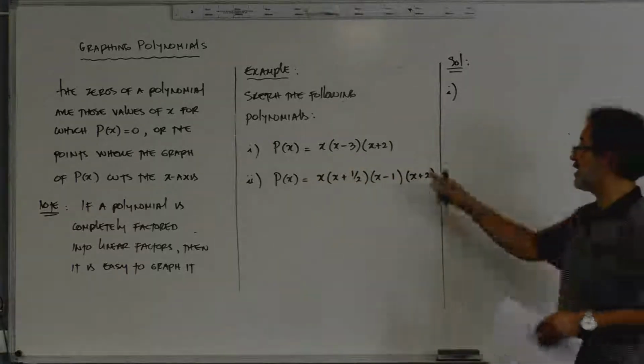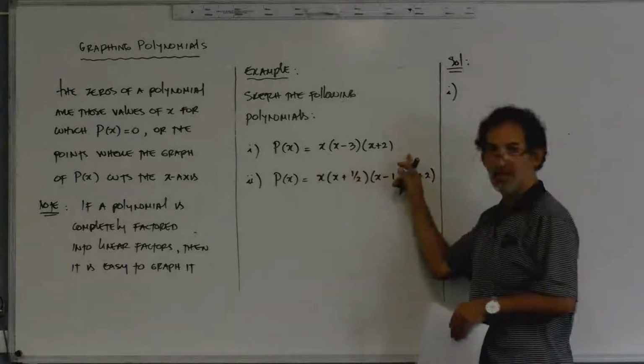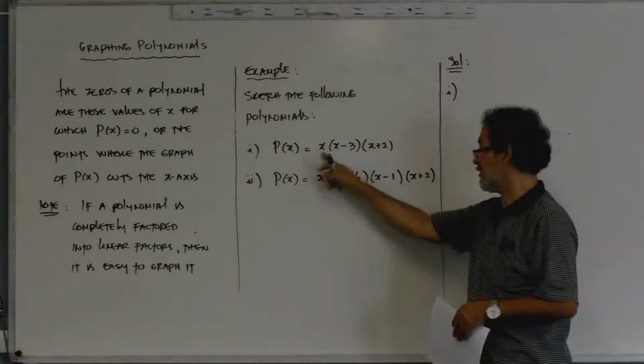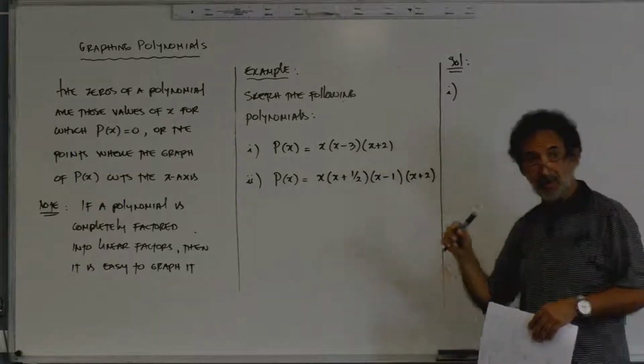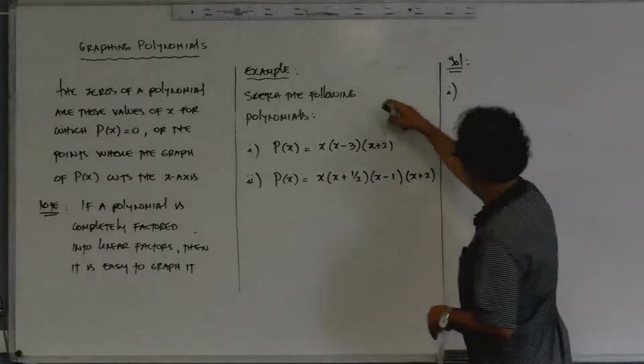Can you see that the degree of this polynomial is a cubic? Because we're going to have x times x and then times x again. So it's going to be a cubic, so you already know that it's going to look something like that, right?